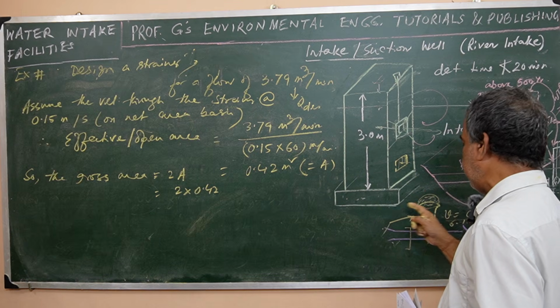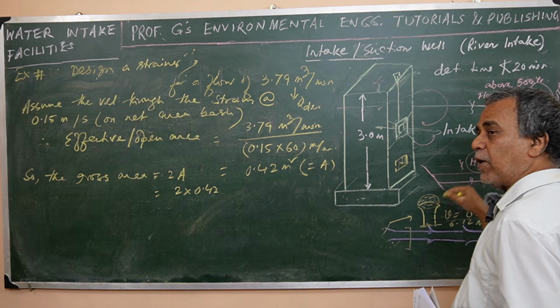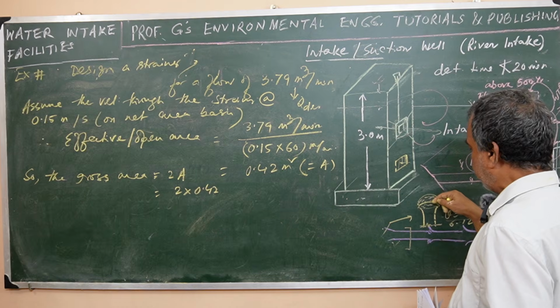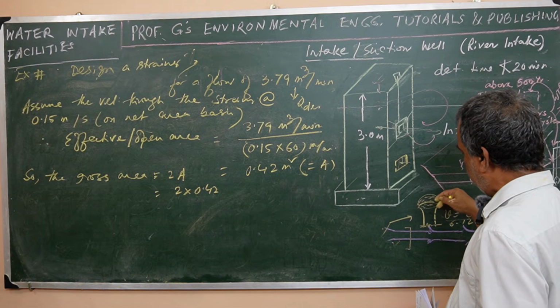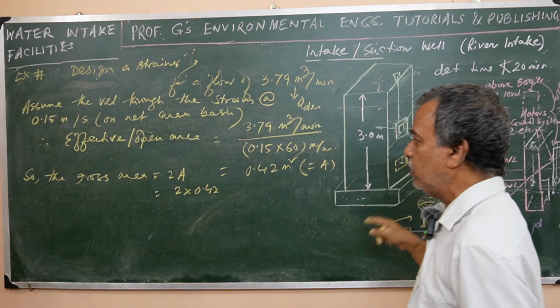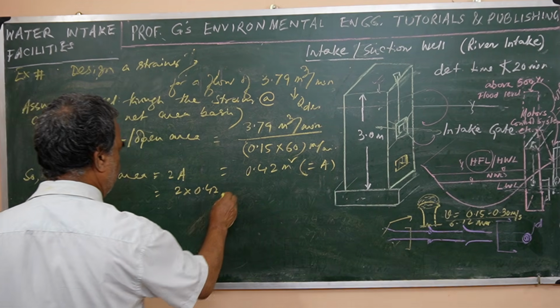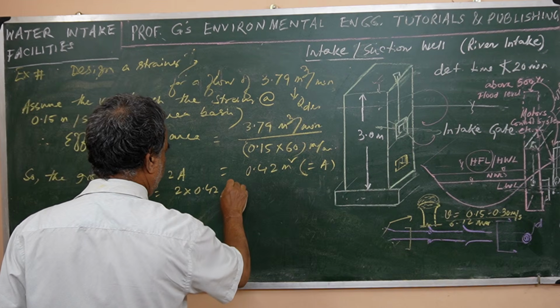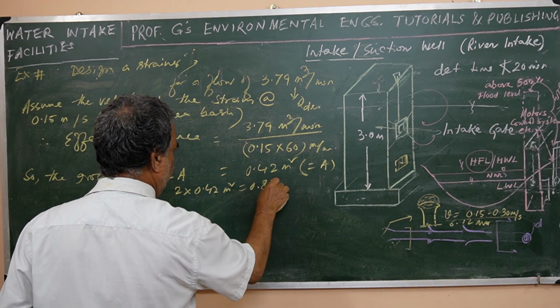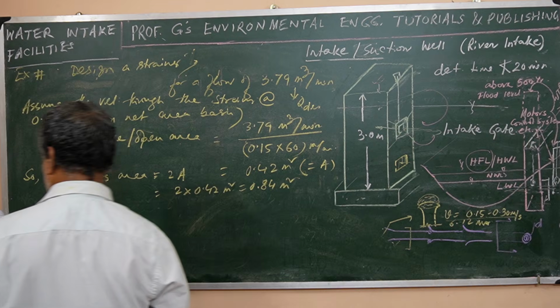Open or effective area means only the perforations which are made on this strainer. That will be the effective or open area, in meter square. So this would be 0.84 meter square, right?